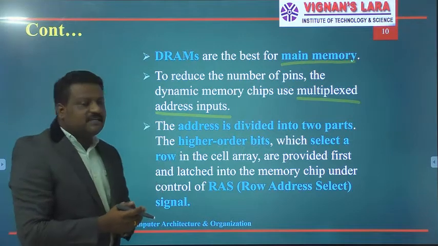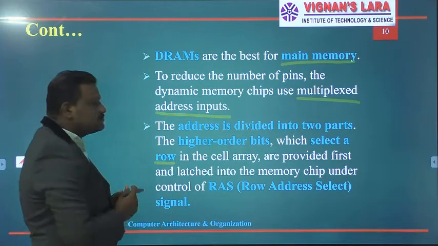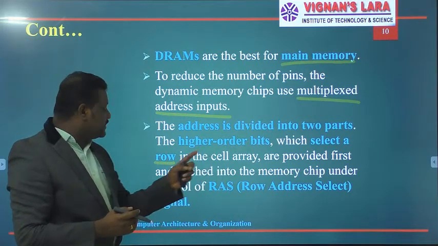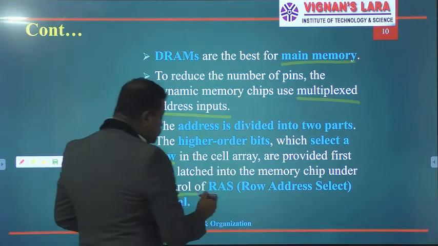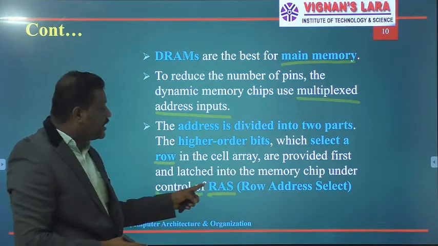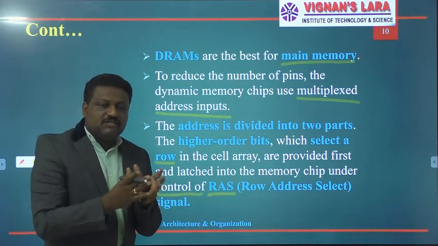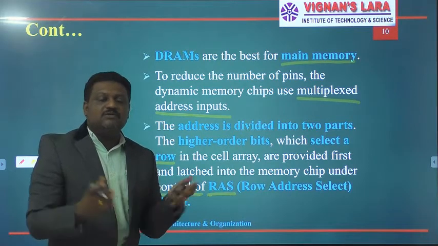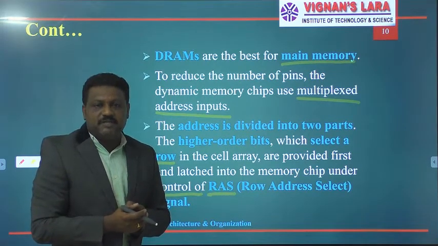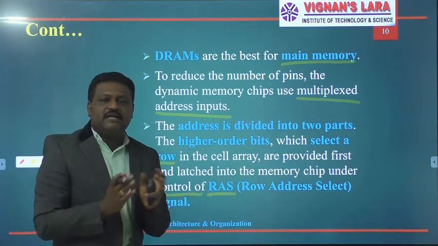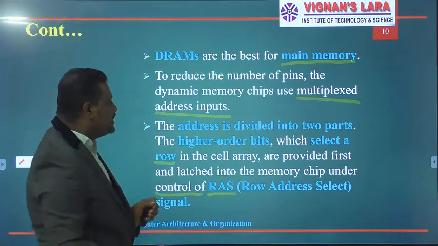The address is divided into two parts. The higher order bits, which select the row in the cell array, are provided first and latched into the memory chip under the control of a signal called RAS, meaning row address select. So whatever address my processor generates to select one particular memory location, it generates at a time, but I split it into two parts.